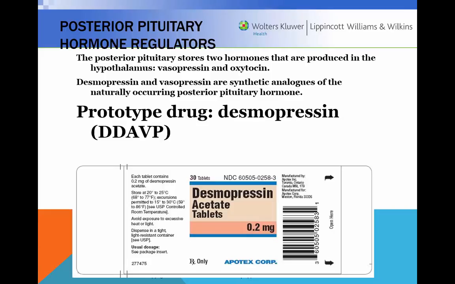All right, so going now into desmopressin. The posterior pituitary stores two hormones that are produced in the hypothalamus: vasopressin and oxytocin. Desmopressin and vasopressin are synthetic analogs of the naturally occurring posterior pituitary hormone. Your prototype drug here is desmopressin, or DDAVP. You'll probably hear it referred to as that in the clinical setting, most likely.